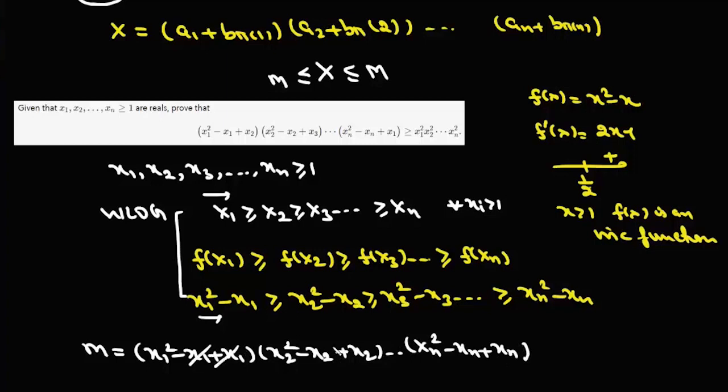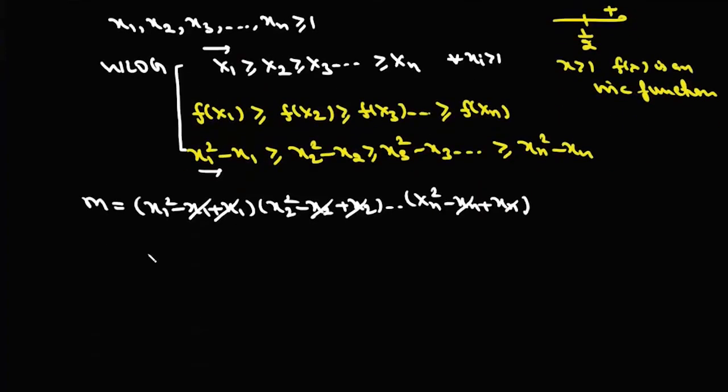Now here these terms will cancel, so its minimum value will be x1 square into x2 square into xn square, and this product will be less than or equal to any random arrangement.